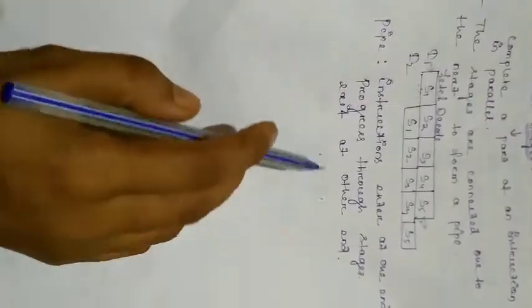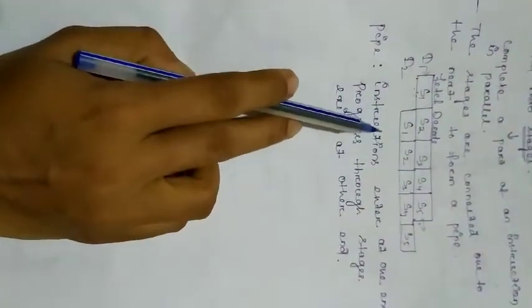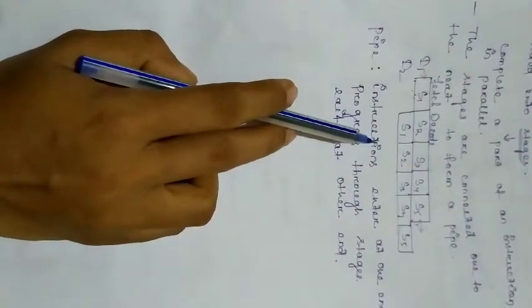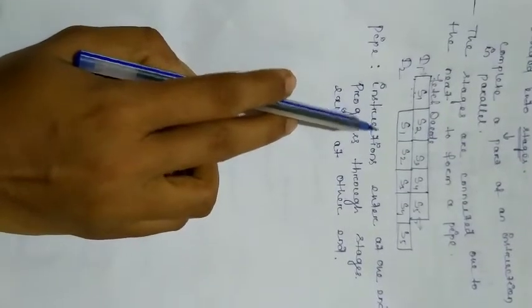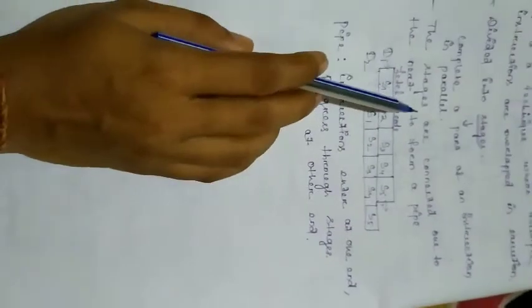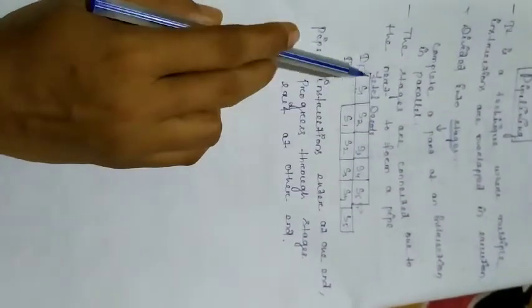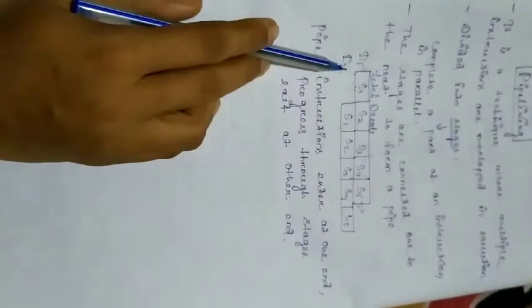Also, it doesn't decrease the execution time of individual instructions. Let's take an example where one instruction, I1, takes 12 milliseconds for execution. If you think pipelining will decrease that time, that is not true.